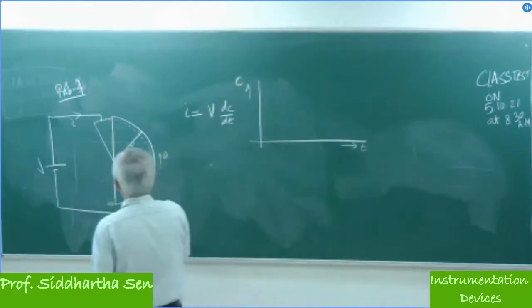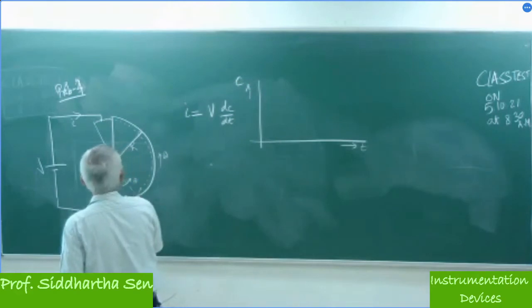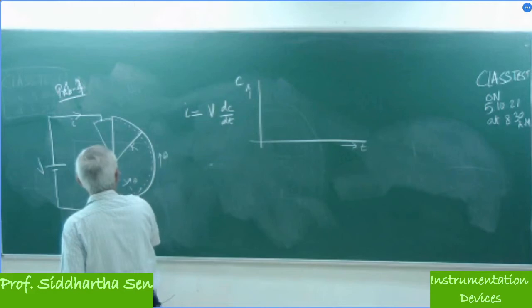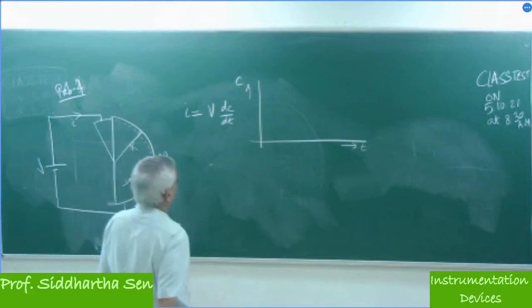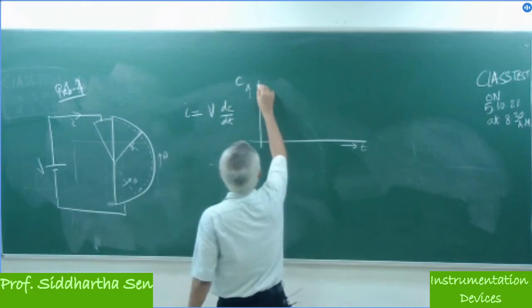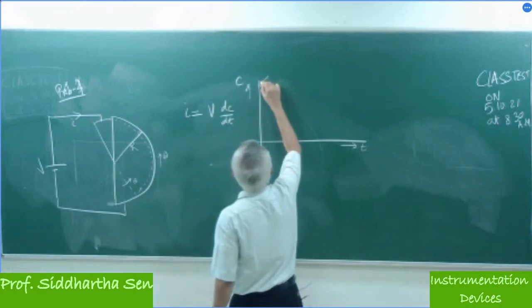I can make it this way: at this point, theta is equal to 0 and they are completely overlapping. So naturally, what is the value of Cmax?